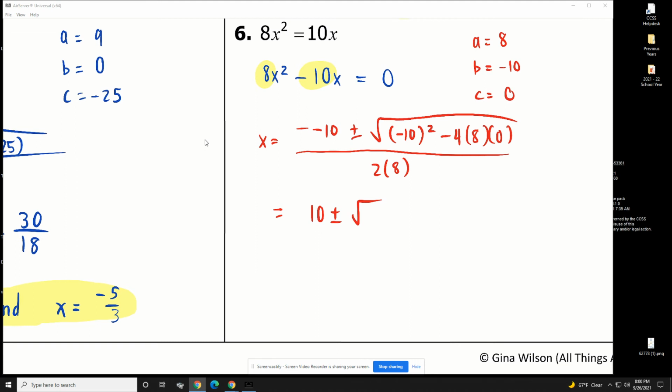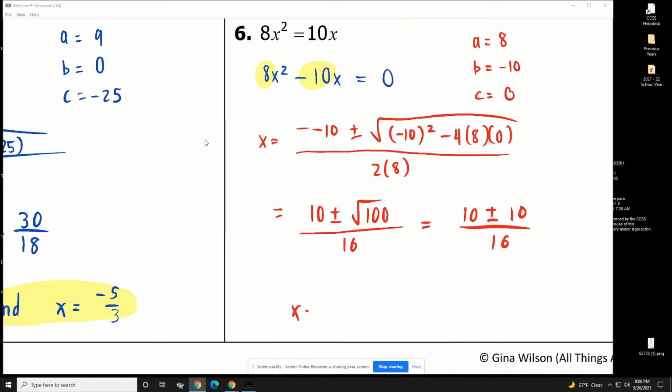Now let's go type in negative 10 in parentheses squared minus 4 times 8 times 0, and I get 100. And all of this is divided by 2 times 8, which is 16. So the 100, of course, is a perfect square, and it comes out as a 10. So we have 10 plus or minus 10 over 16.